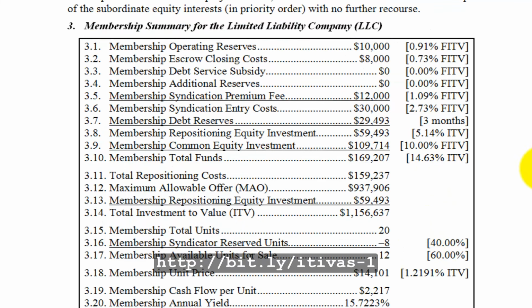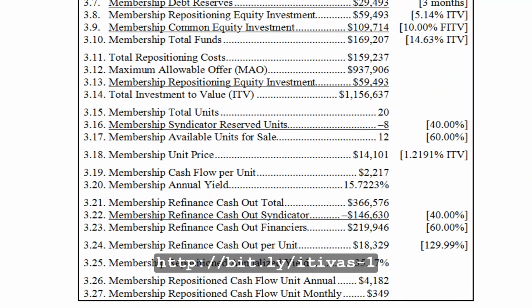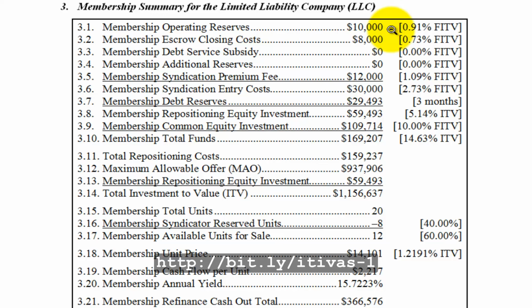The membership summary for the limited liability company, we show we're bringing in $10,000 for the operating reserves, $8,000 for closing costs, syndication premium fee $12,000. The total syndication entry costs are $30,000. We're also bringing in an additional 3 months of debt reserves.